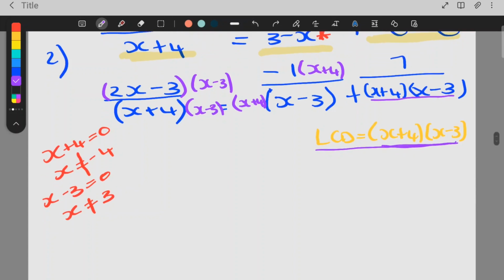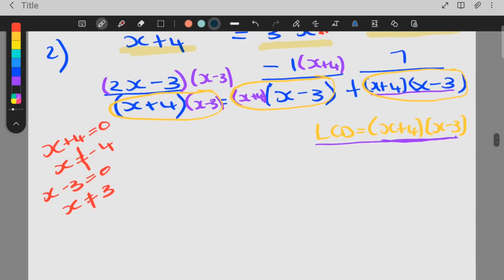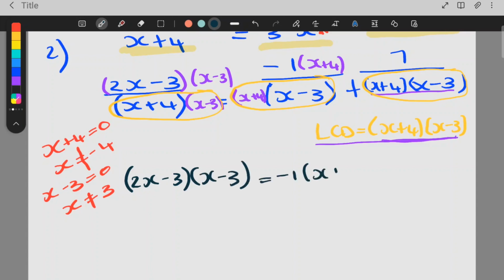And so now, do you notice, grade 10s, that this denominator looks like this one and also looks like this one. So in the next step, it can actually fall away. I'm only writing the numerators. So 2x minus 3 in brackets times x minus 3 is equal to negative 1 and an x plus 4 and then a plus 7.